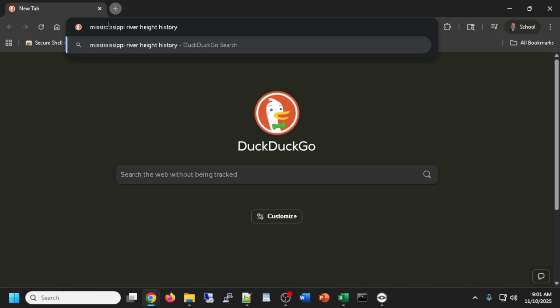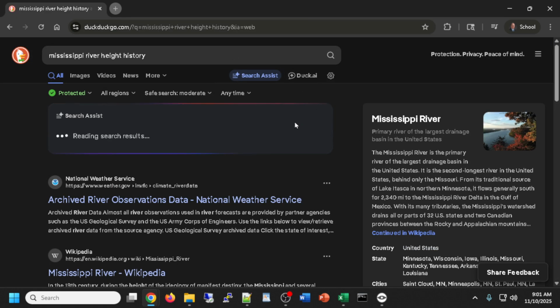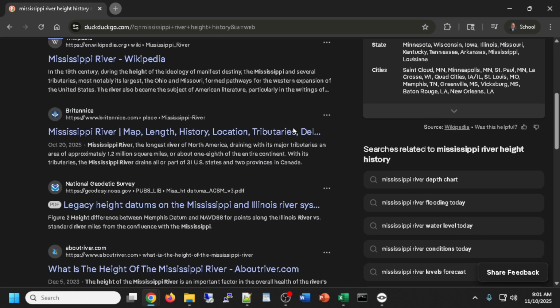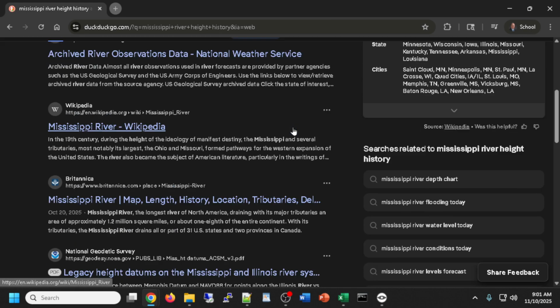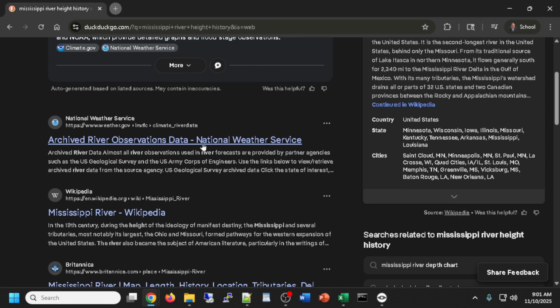I have to get Mississippi spelled right, too many S's in there. On the internet there is storage of the data, and I think it's that first link that takes me to the historical observations by the weather service. Let's see if that's the place.